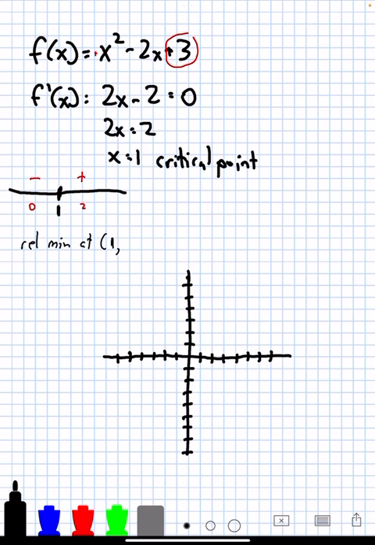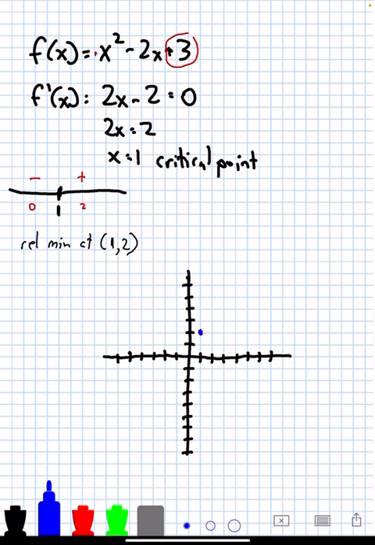So we have 1 squared, which is 1, minus 2 times 1, which is negative 2, plus 3. So we have a relative minimum at 1 and 2. That's over 1, up 2.